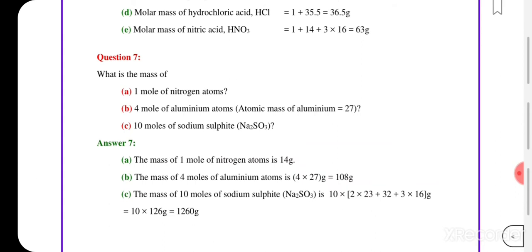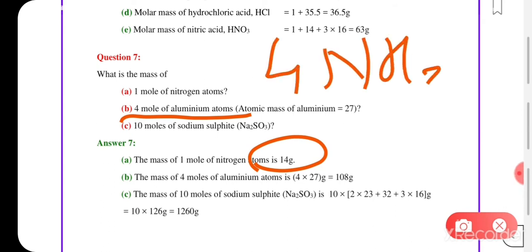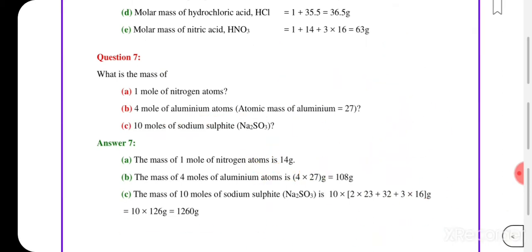Now 1 mole of nitrogen atom is 1 mole of nitrogen atom. What answer will you write? It is 14 gram. Okay, 4 moles of aluminium atom, what will you do? Just a second, I'm so sorry. It's not ammonia, it is aluminium.